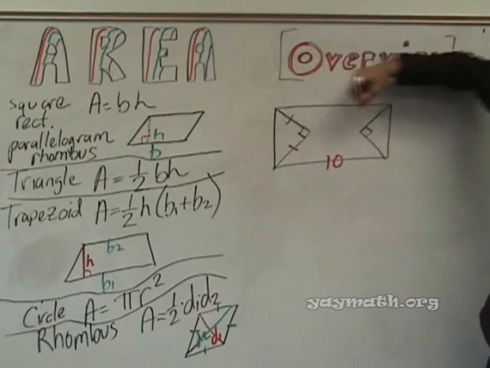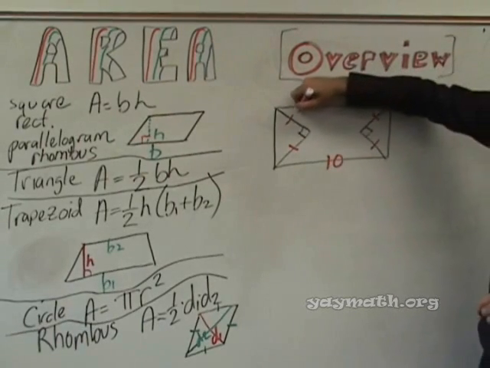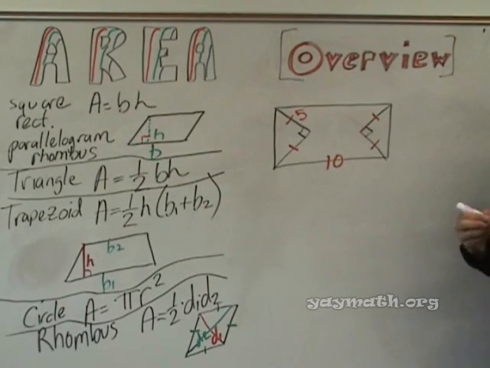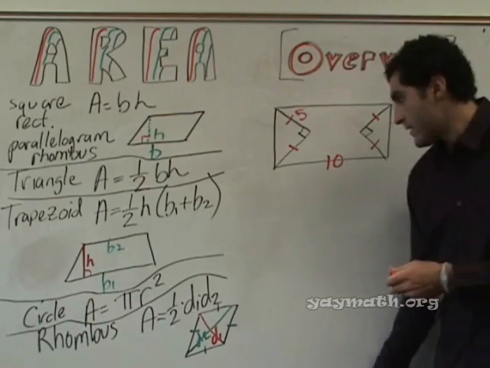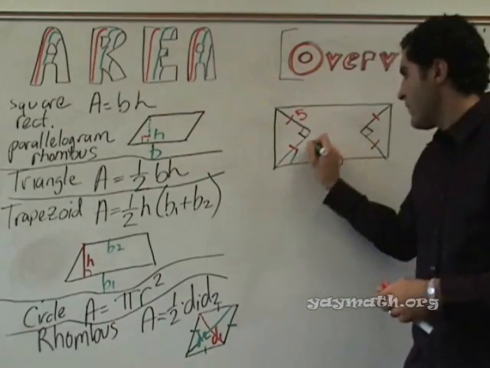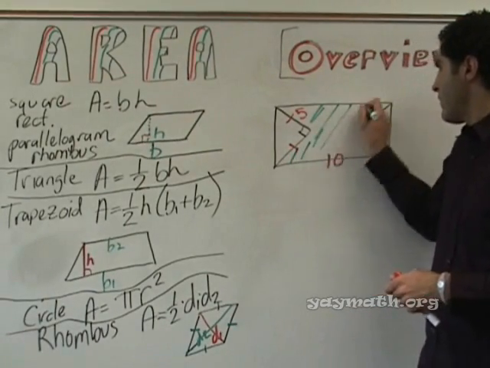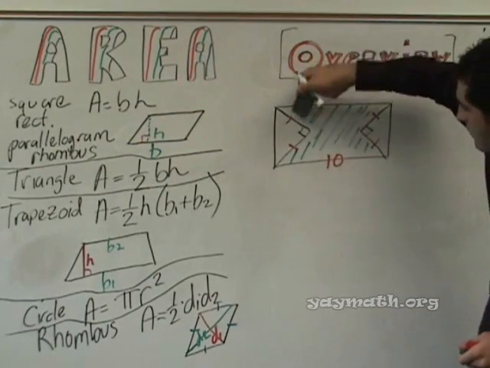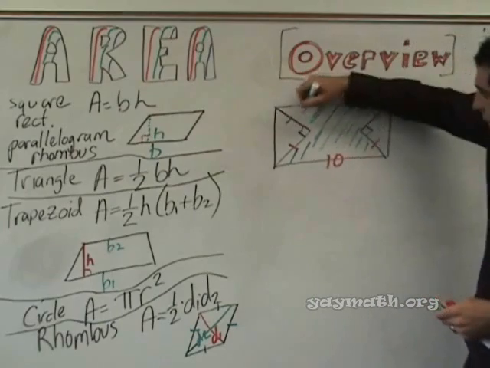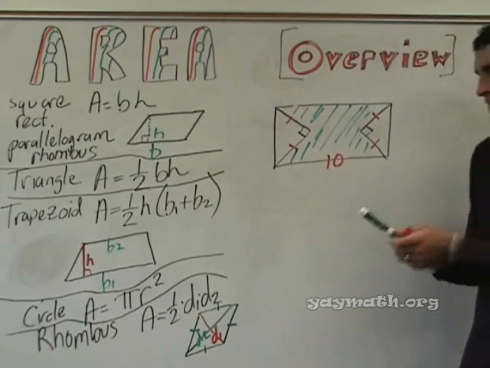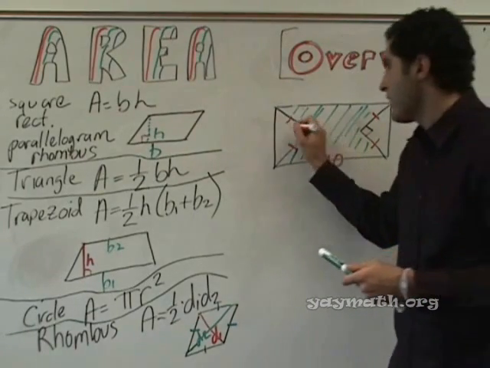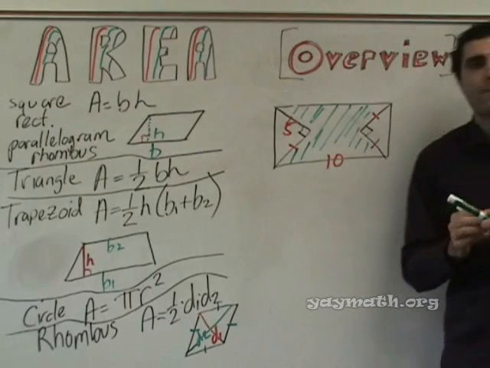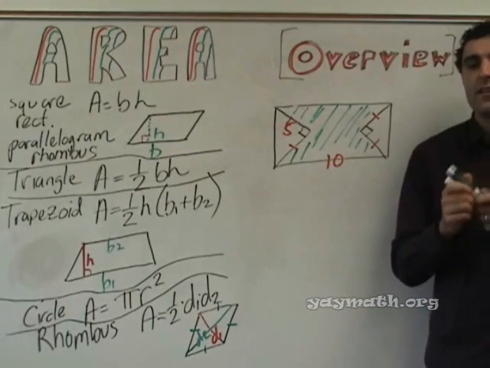All these legs the same. 5. And we want the area of the shaded region in green. That's the goal. 5 in here. Area of the shaded region in green.